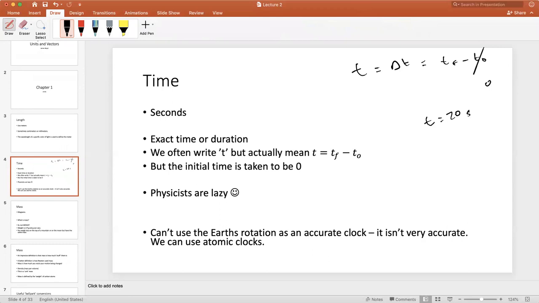That's pretty lazy, but you'll see our book does it. It does it during the constant acceleration equations. It does it during projectile motion. You almost always assume that time initial is 0. And that's just something that happens. As I note here, physicists are lazy. It's a lazy idea.